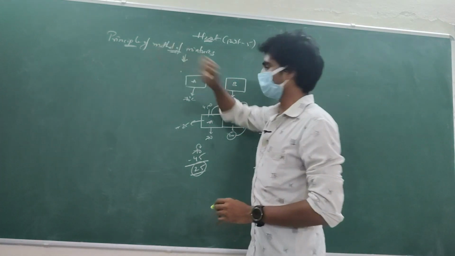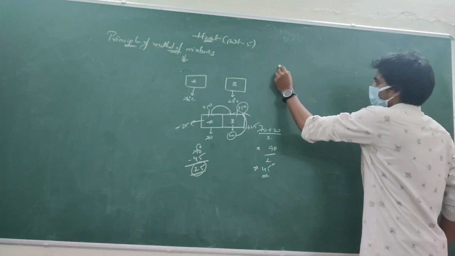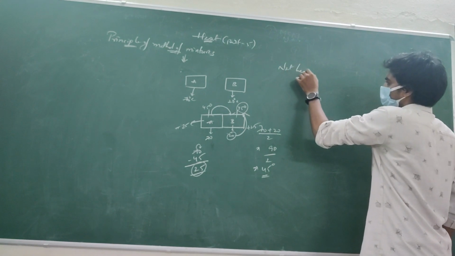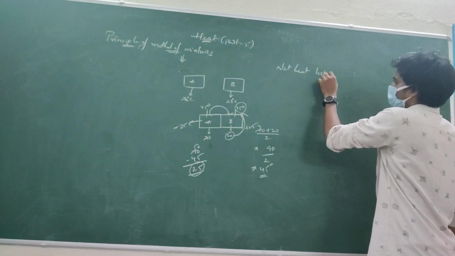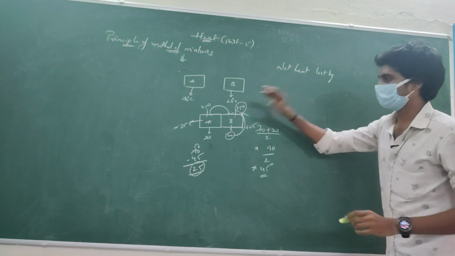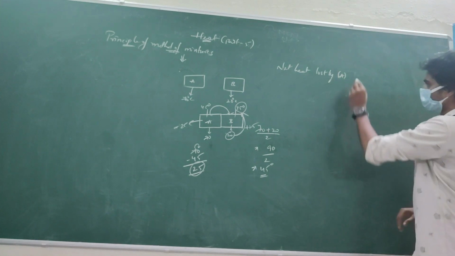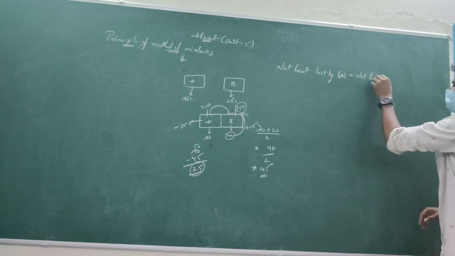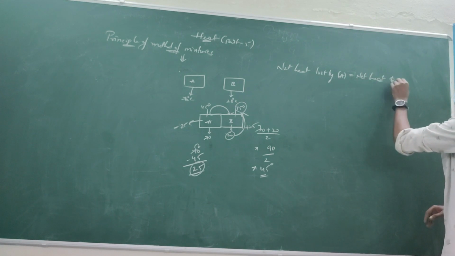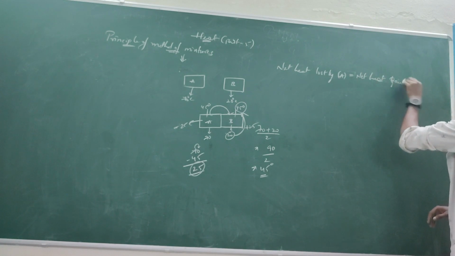So, from this principle of method of mixture, we simply say net heat lost by hot body, that is A, is equal to net heat gained by object B, right?